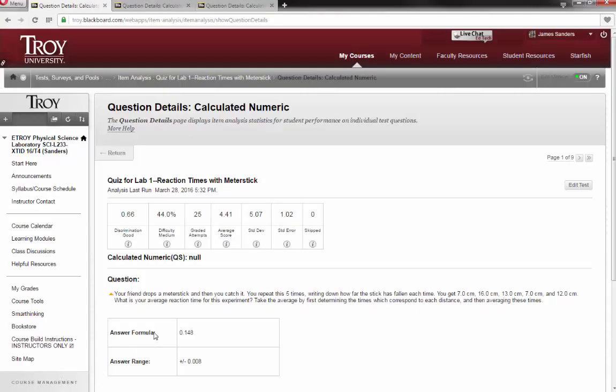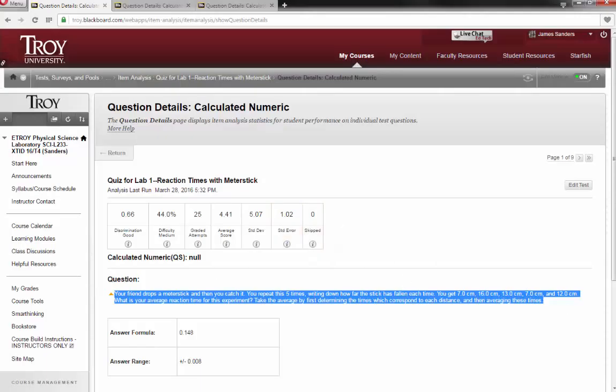We'll start with the one about dropping a meter stick, catching it and repeating a few times. By the way, in answering this one, I can also answer another question that was asked on this lab, which was basically what is the average of these fall distances. So let's do both just for fun.